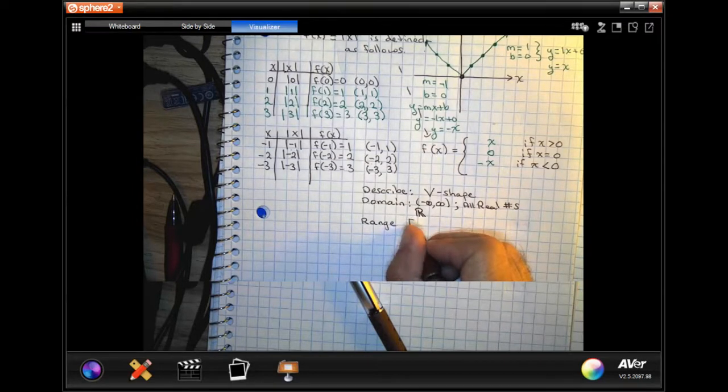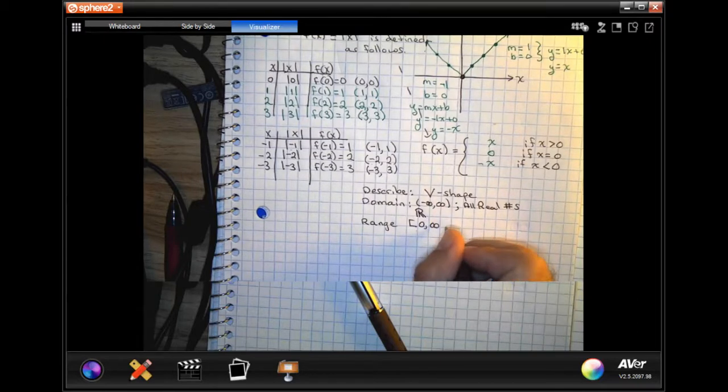So we include the number 0 and go up to positive infinity.